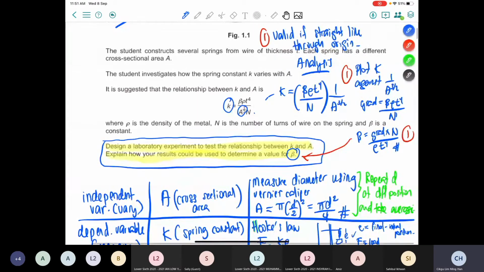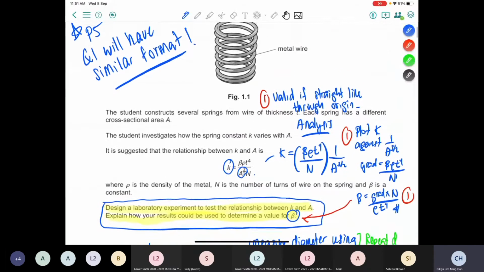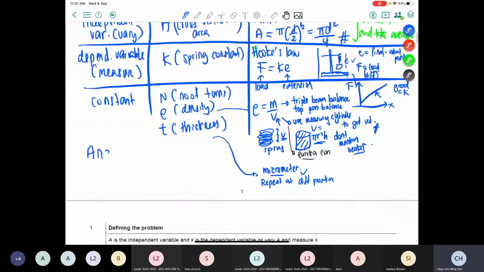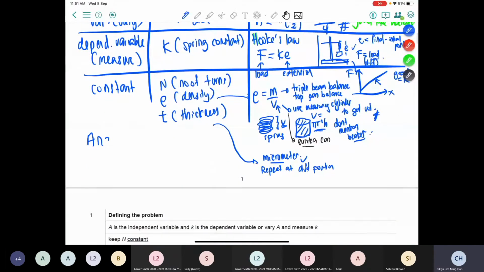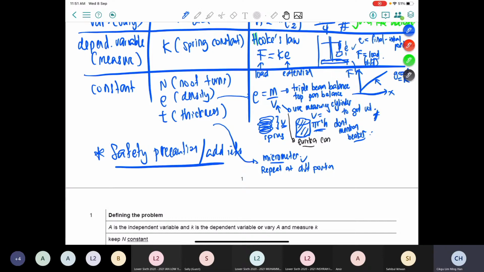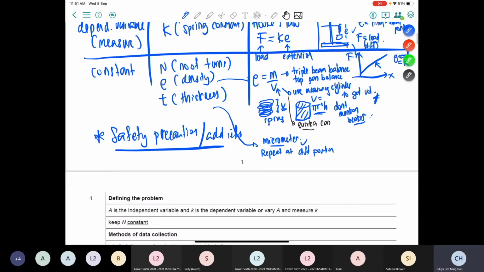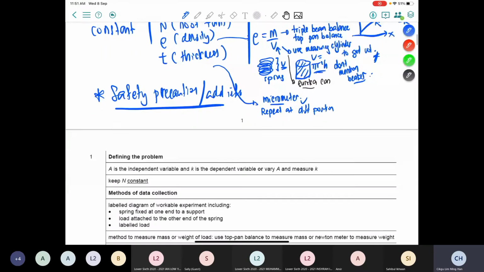And then of course the safety precaution, you have to think of your own. So I just add on here, think of safety precaution, and then plus any additional info that can help you to make the experiment more precise.